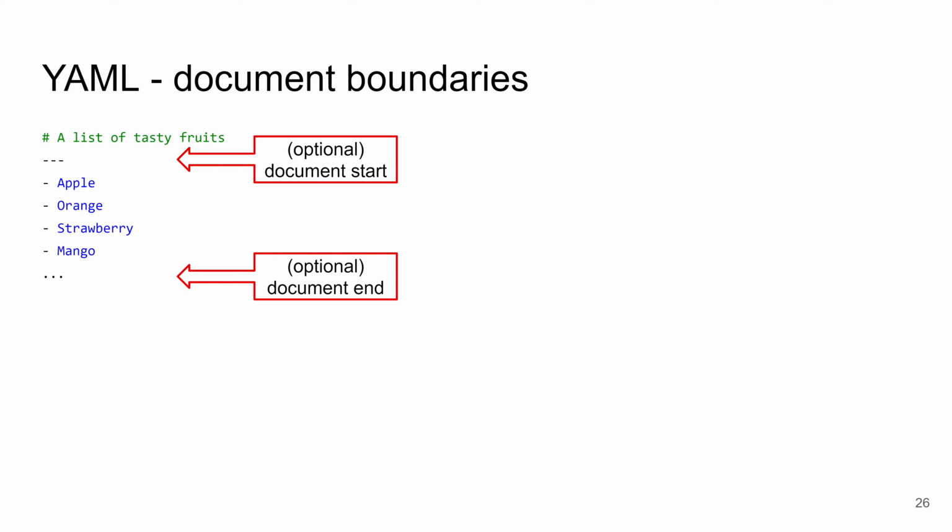This is because YAML aims at streaming also, and when you imagine a streamed file, it is important to know when a document starts and when a document ends. So when you are streaming YAML data, this might come in very useful. And also in many examples, you will see the 3 dashes as a document start. But those are optional. They do not have to be in every YAML file.